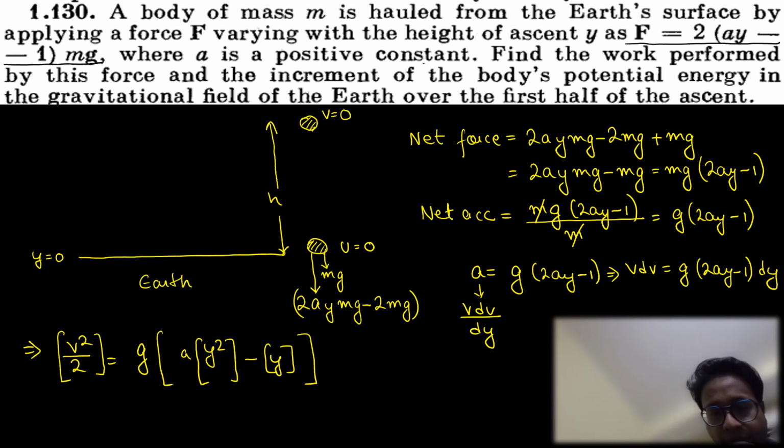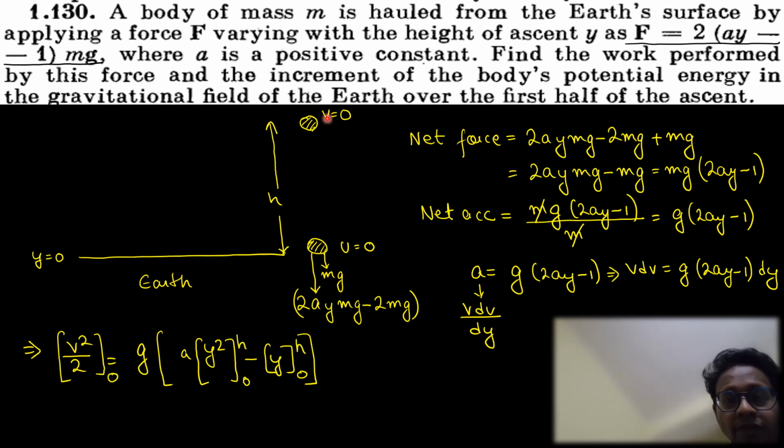What are the lower and upper limits of this integral? For y, it started at y equals 0. What was the velocity at y equals 0? The velocity at y equals 0 was 0, and the maximum value of y is h, so it ended at y equals h.